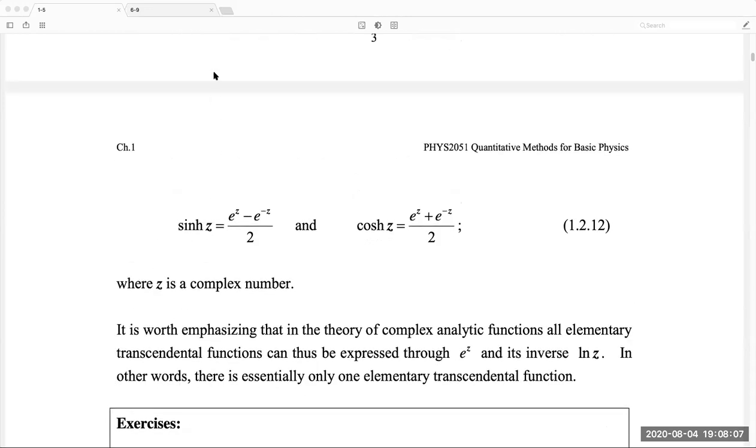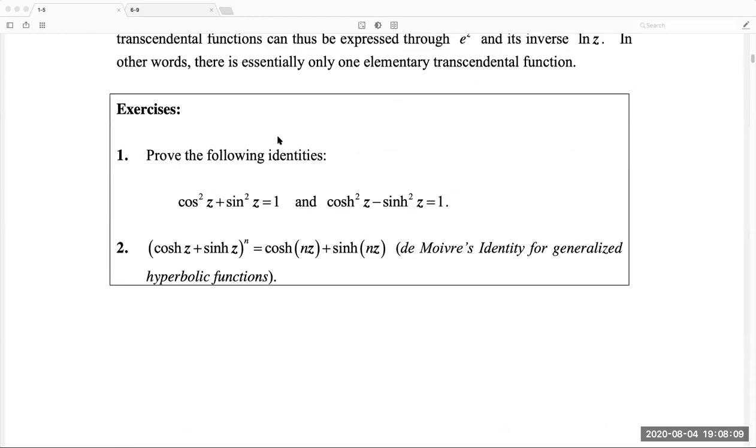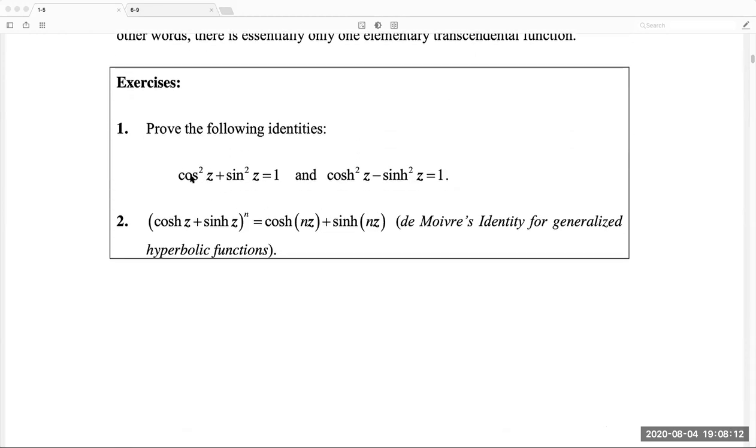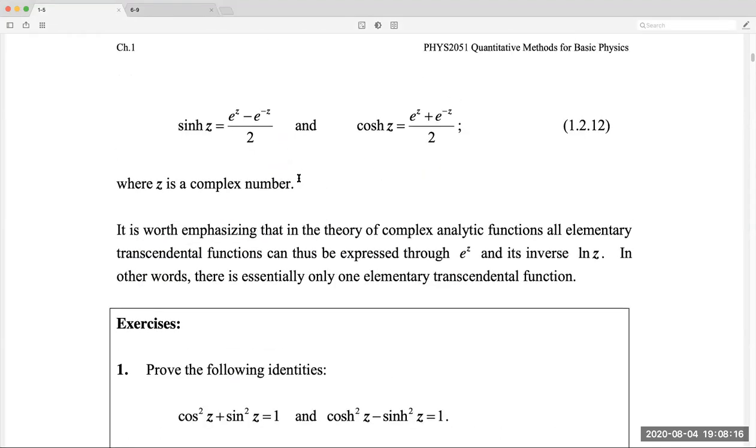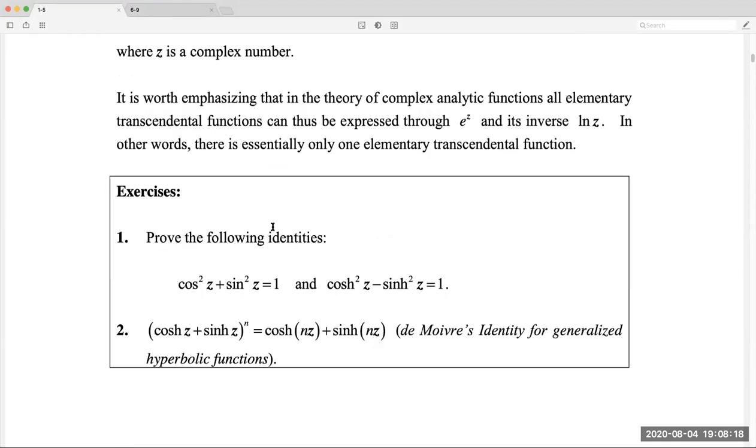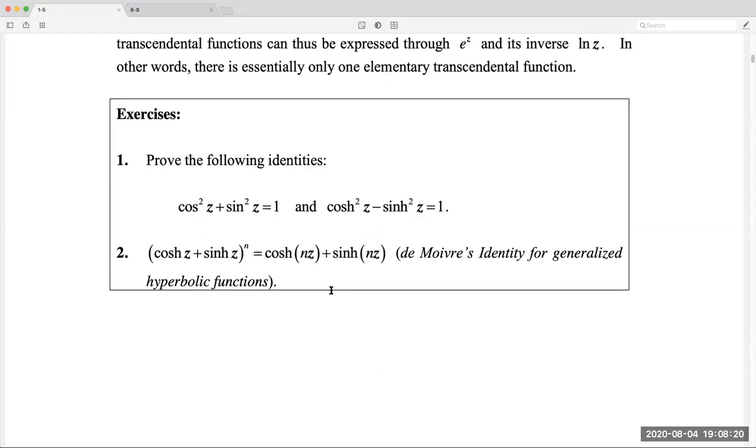Just similar to sine 0 and cosine 0. Don't bother about this question; you just need to substitute into the formula and expand it.